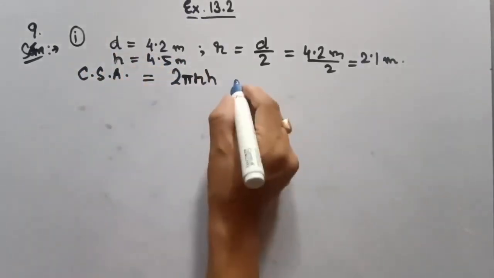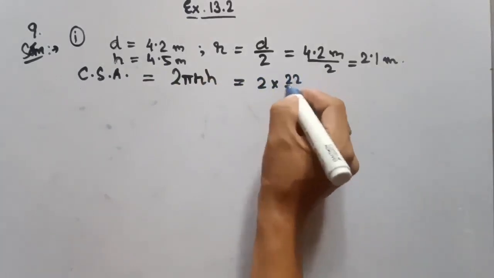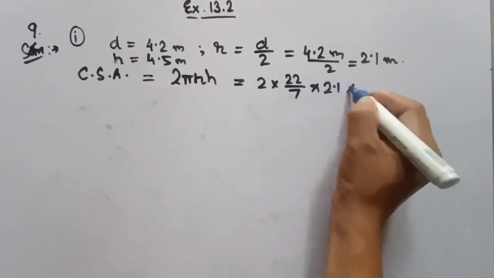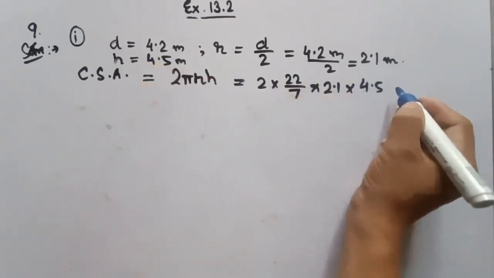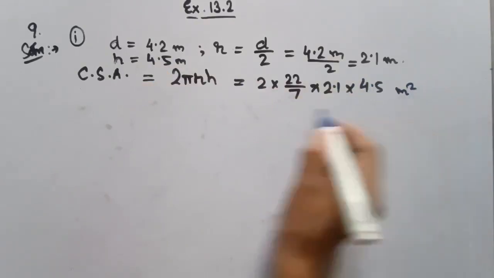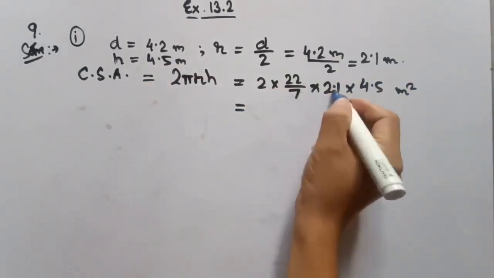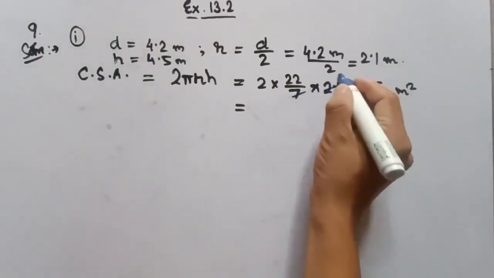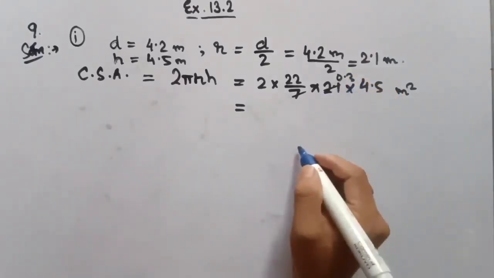So the curved surface area equals 2 into the value of pi, 22 by 7, r is 2.1 into the height 4.5 meter. This will be meter square. 7 divides 2.1 and we will get 0.3.